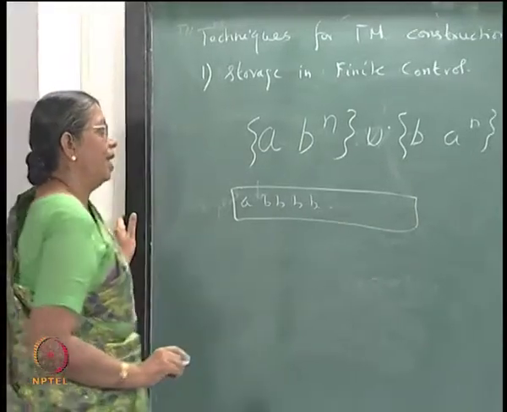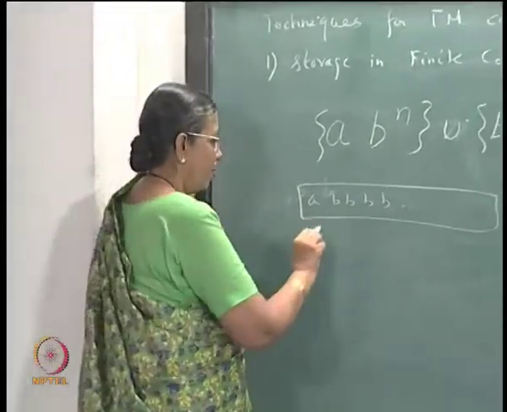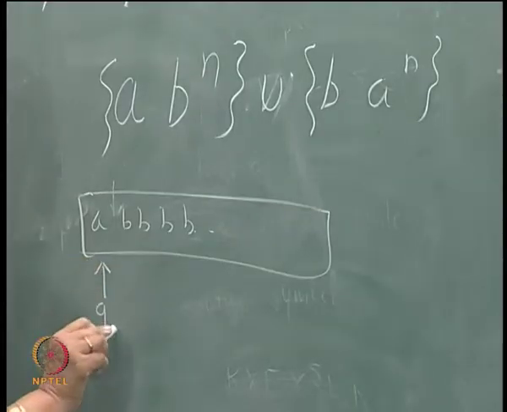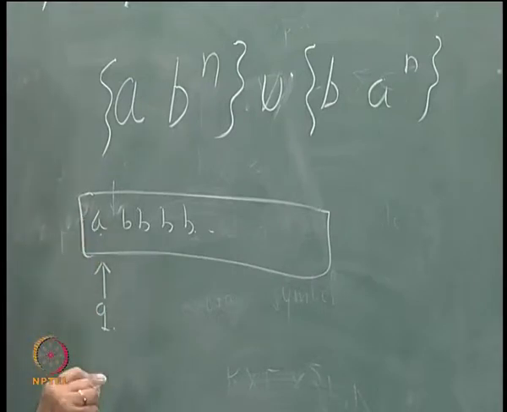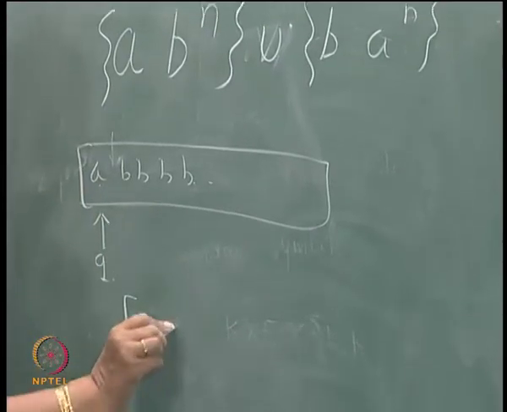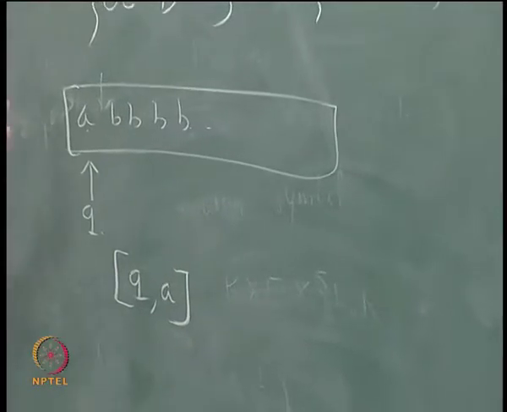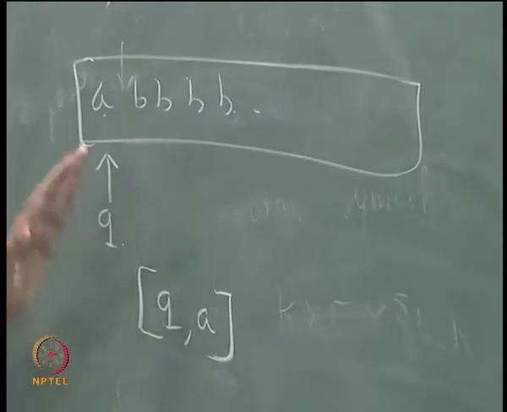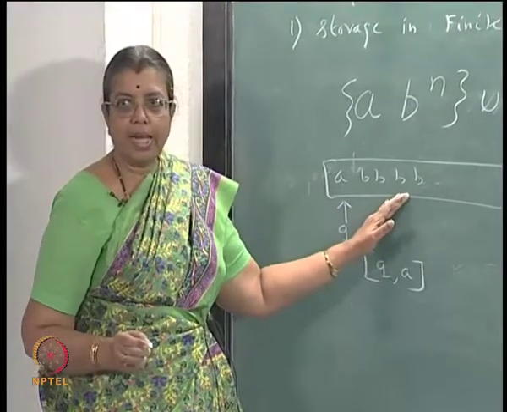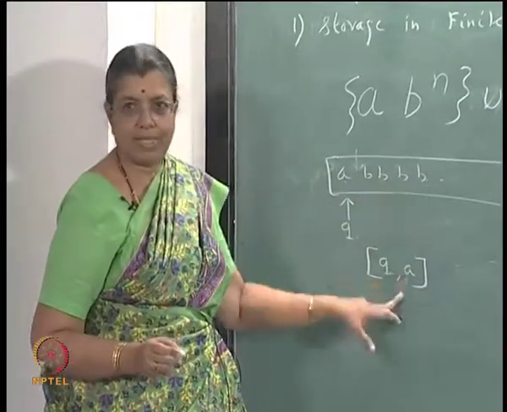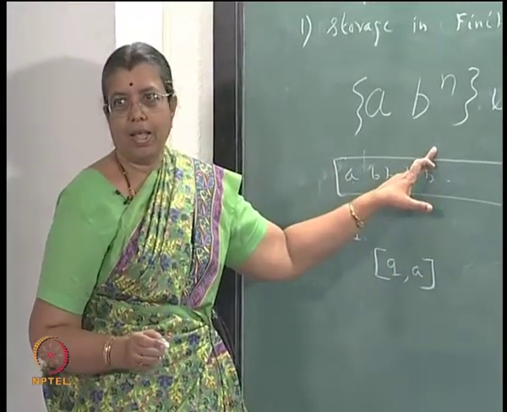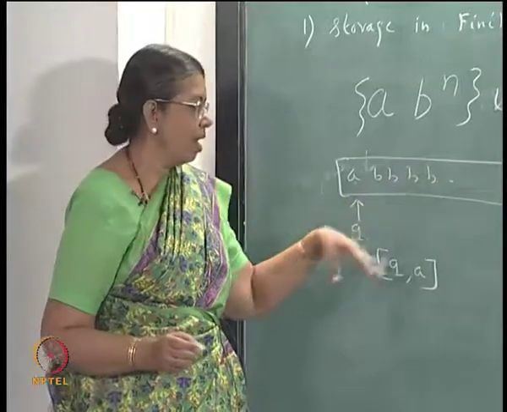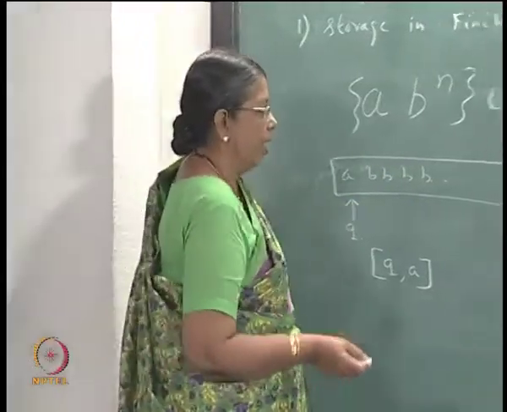It has to accept such a language. When it reads this A, the state becomes QA, which shows that it has read the A in the state. Then it can move, and at any time this should not match with this. Like that you can have.